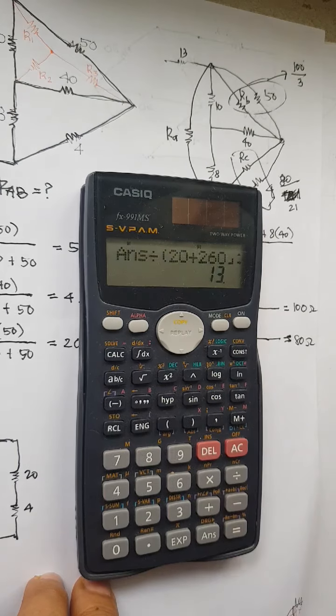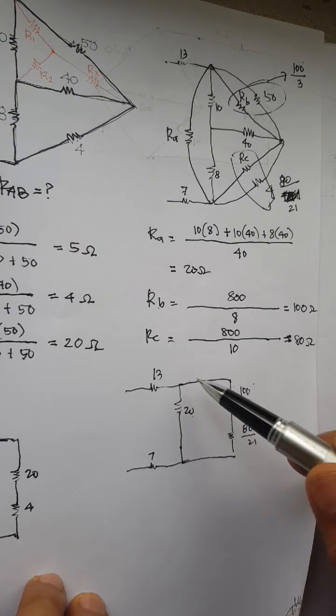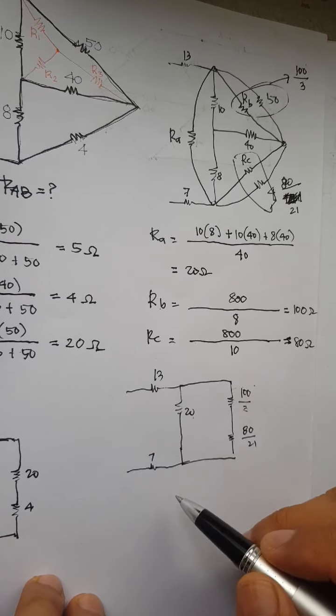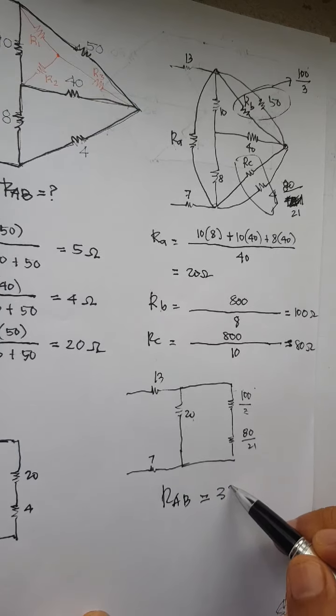So the answer is 13. So 13, the entire thing here is 13 plus 13 is 26 plus 7 is 33. So RAB is indeed 33 ohms.